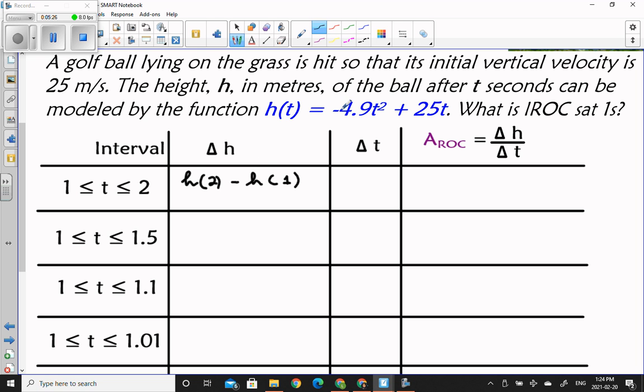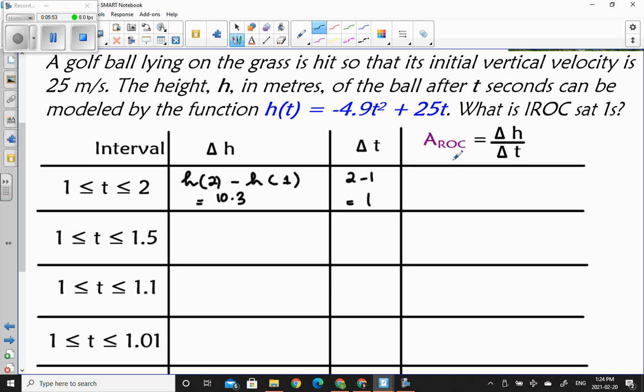We are going to plug in negative 4.9 times 2 squared plus 25 times 2, minus h at 1, which is negative 4.9 times 1 squared plus 25 times 1. So when we do that, we're going to get the answer as 10.3. I've already done it earlier, so I have the answer. And the change in time will be 2 minus 1, which is going to be 1 second.